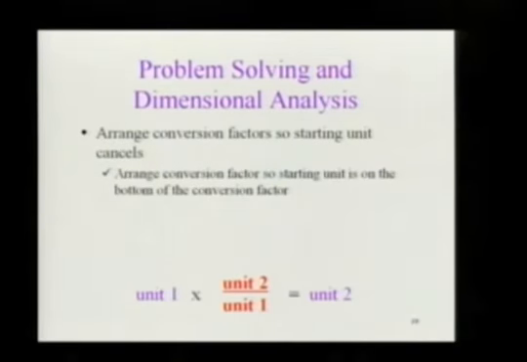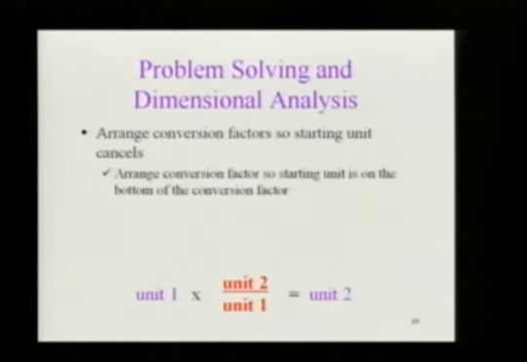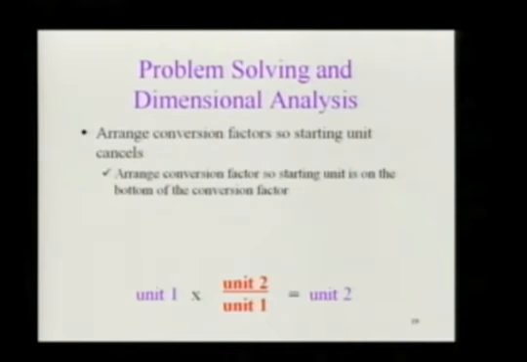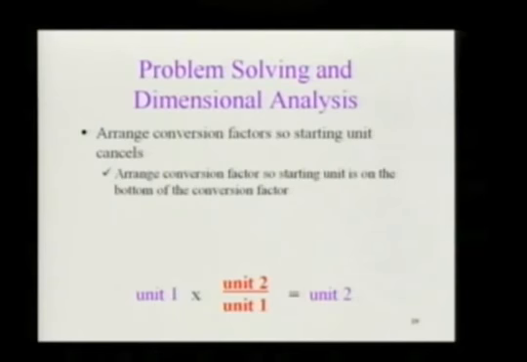What you want to do is realize that, like in algebra, when you have variables above and below the fraction, whatever's on top and bottom can cancel out, right? If you have an x on top, x on bottom, mark them out. They'll cancel. Same thing will be here. Realize that this is the same thing as like over 1, right? So if you multiply these two things together, you would have unit 1 times unit 2 over unit 1, and then unit 1 would cancel out. That's what this is. Okay?